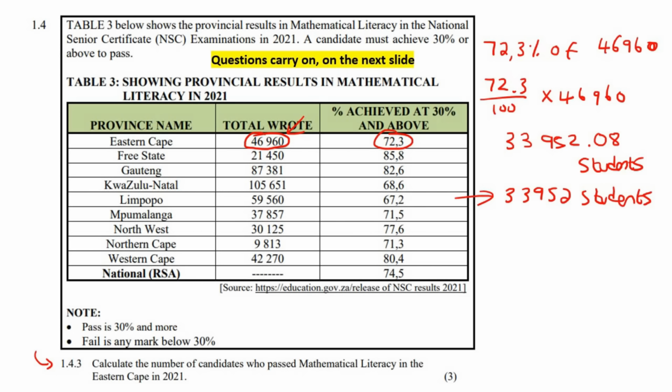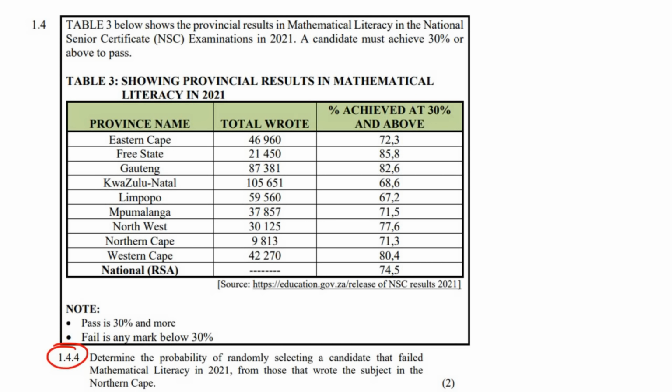Now moving on to this question. It says, determine the probability of selecting a candidate that failed mathematical literacy in 2021 from the people in the Northern Cape. Remember, probability can be a decimal or a percentage. They haven't told us, so we can just use the percentage.